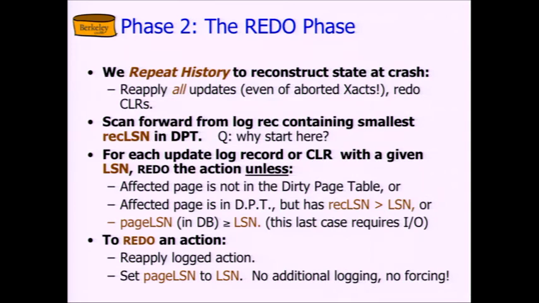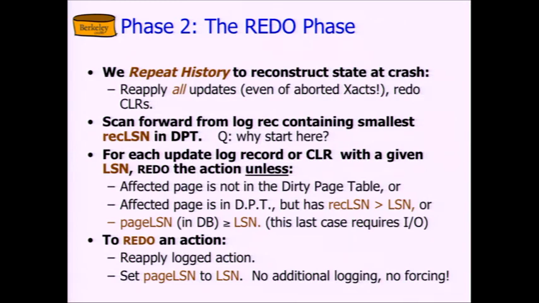Case 2, the dirty page table does have the page, but rec LSN is greater than this record that we're redoing's LSN. What happened here? This means the page was dirty due to the thing we're trying to recover.